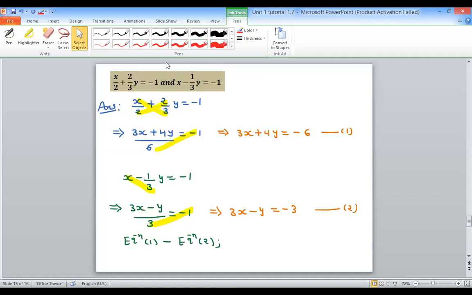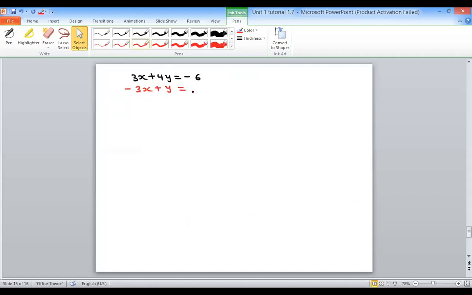Yes, it's plus 3. So here the 3x and minus 3x cancel. 4y plus y is 5y. And -6 plus 3 gives -3. So your y is equal to minus 3 by 5. This is your y.